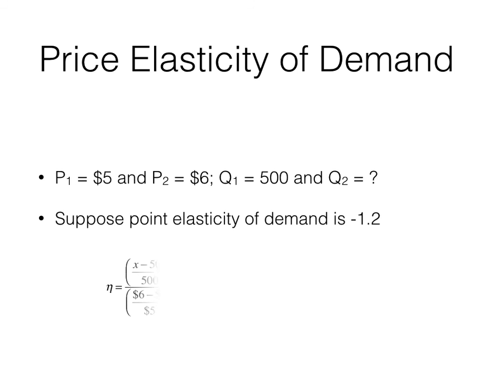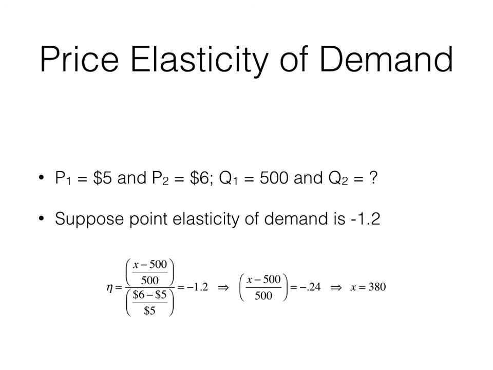All right, so when the price is originally $5 and you raise the price to $6, quantity goes from 500 to we don't know what it is. And if the elasticity of demand is minus 1.2, we can set up our equation, new quantity minus old quantity divided by old quantity. Well, we don't have the new quantity yet, that's what we want to calculate, but we do have the new price and the old price, so we can see that that's going to be 0.2. 6 minus 5 is 1, divided by 5 is 0.2.